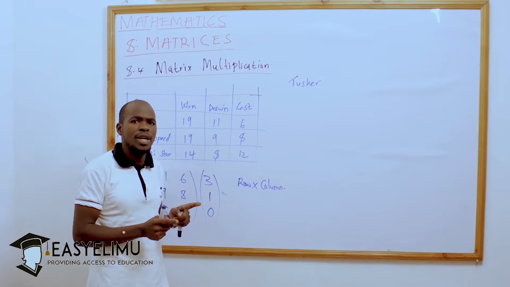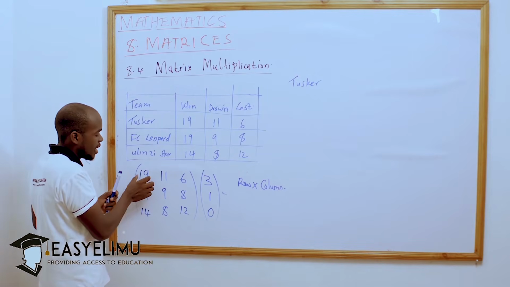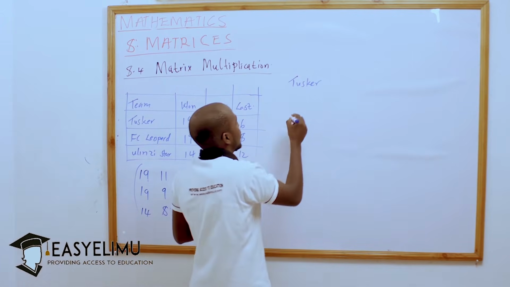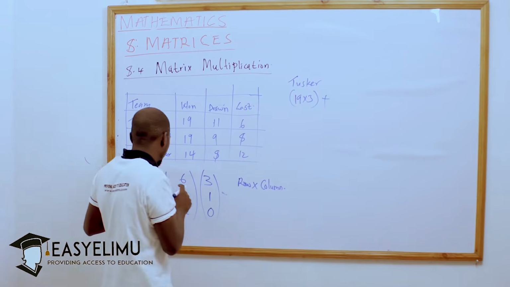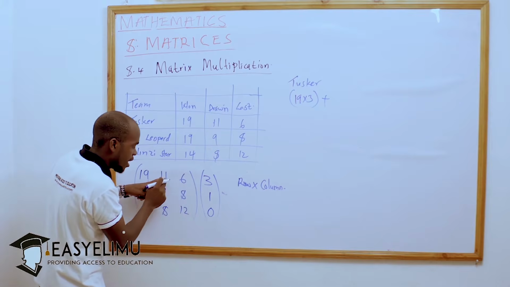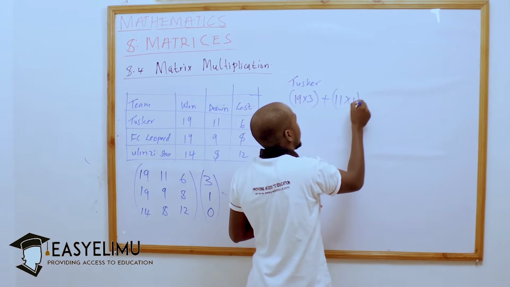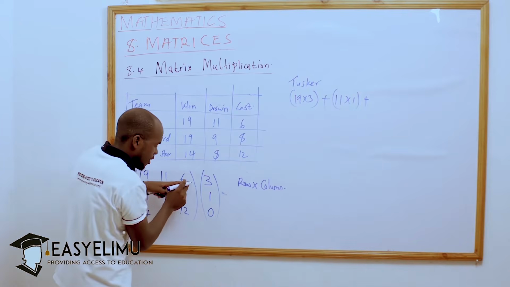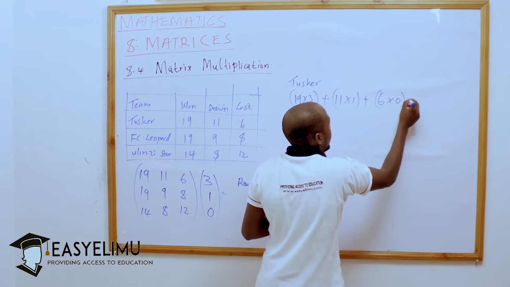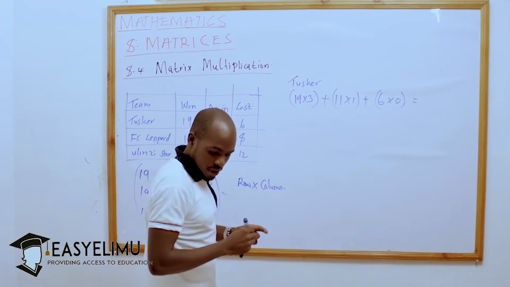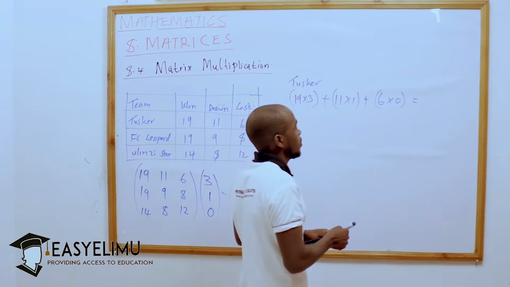Let's first work with what we have here. We take 19 times 3, that is 19 by 3. We add 11 by 1, and then we add 6 by 0. And we shall find that this gives us 68 points.